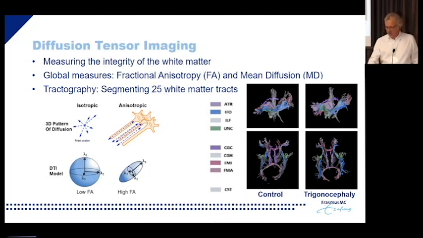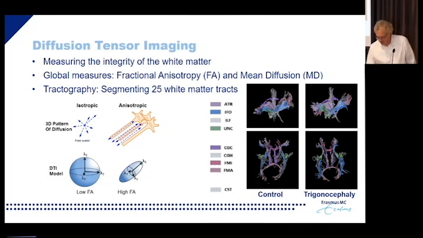And then, like you see on the right side, you can visualize the tracks. You can just walk in the direction of the highest diffusivity. You can also compute later the mean diffusivity and the FA value on every tract, and that tells you something about the integrity of the white matter.